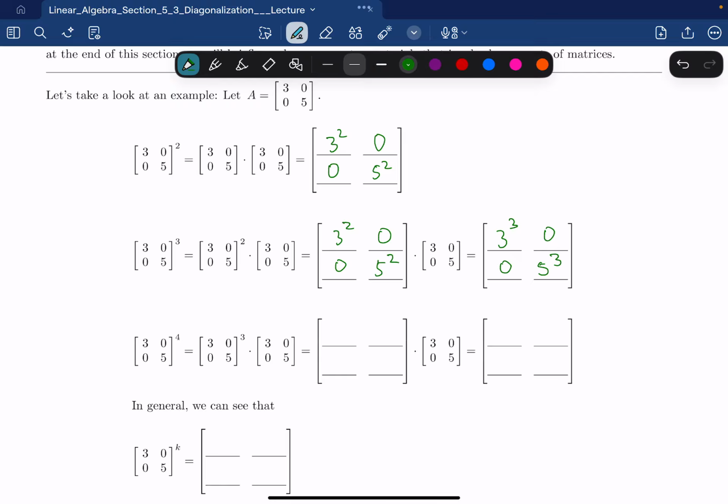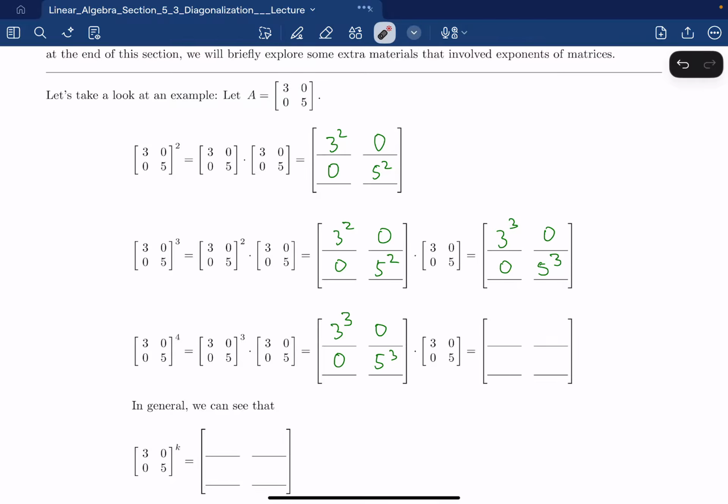Let's just do this one more time, just to humor me here. [[3,0],[0,5]] to the fourth power is A cubed times A. A cubed, which we just did, is 3 cubed, 0, 0, 5 cubed. We've played this game three times now. If I make the multiplication, 3 cubed times 3 is 3 to the fourth power, and 0 times 0 is 0.